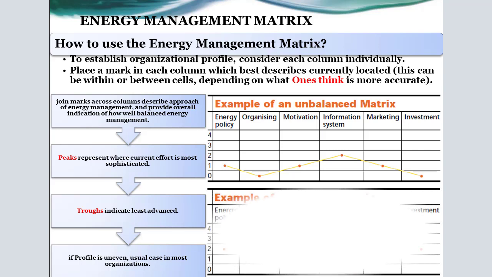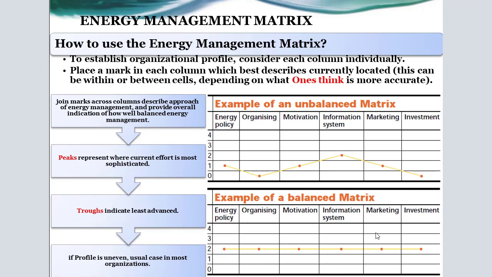Okay, let us see another example. We see the energy management for a specified organization at level number 2. This is called balanced energy management, and as we see it is a straight line, but in this example we see non-balanced energy management.